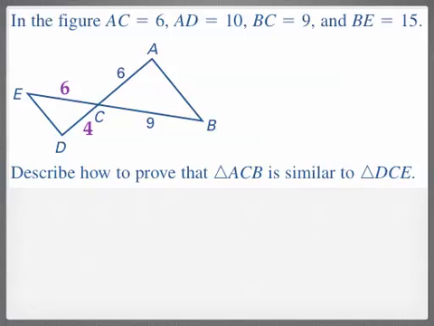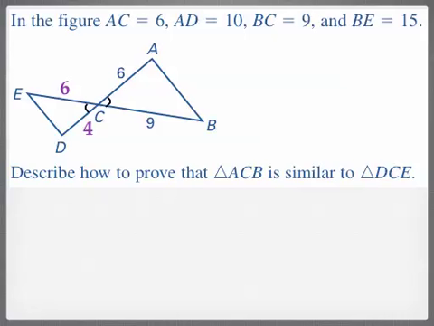Now, I'm not quite ready to say that they're similar yet. I can also tell that these two angles are vertical angles. Angle ECD and angle ACB are vertical angles, so I can say that they are congruent. We're probably starting to hopefully think side-angle-side similarity theorem.